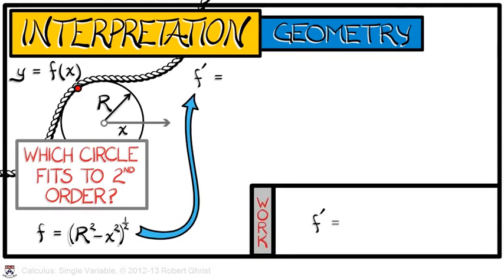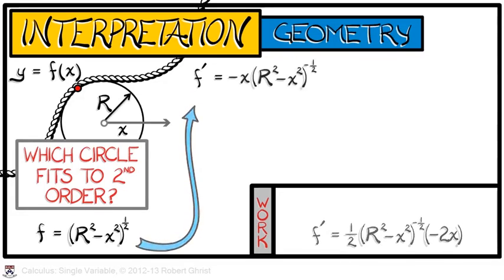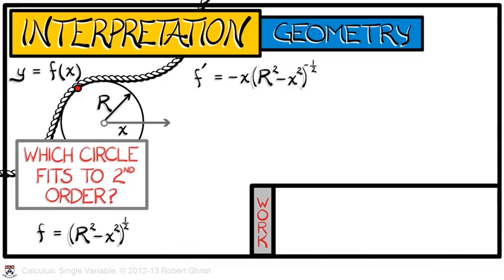Well, we have to take the derivative of r squared minus x squared to the 1/2. That's 1/2 times r squared minus x squared to the negative 1/2 times the derivative of what's on the inside, negative 2x. There's a little bit of simplification that goes on, and we get negative x times quantity r squared minus x squared to the negative 1/2.